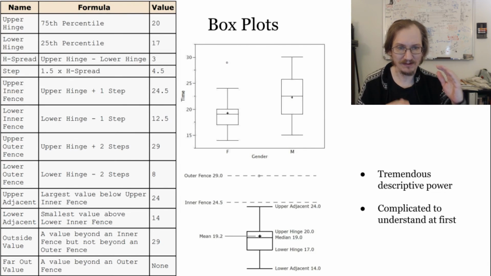You're talking about the middle 50%. And then the remaining 25% at the bottom and 25% at the top is represented by the shadow, the line that connects the box to the upper and lower adjacent. The upper and lower adjacent are just the farthest values you have that aren't really outliers. And then of course your outliers are out in the fences.